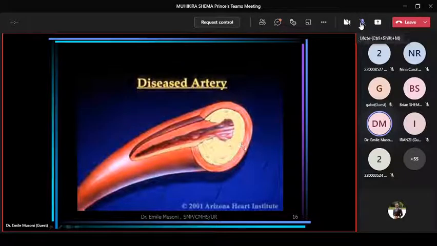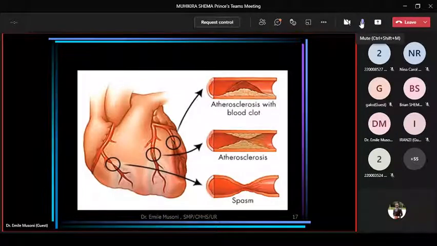And what you must know is that from here there will be migration of those smooth muscle cells. Is it clear? You see even here, the lumen was from here to here, and now look at the lumen.